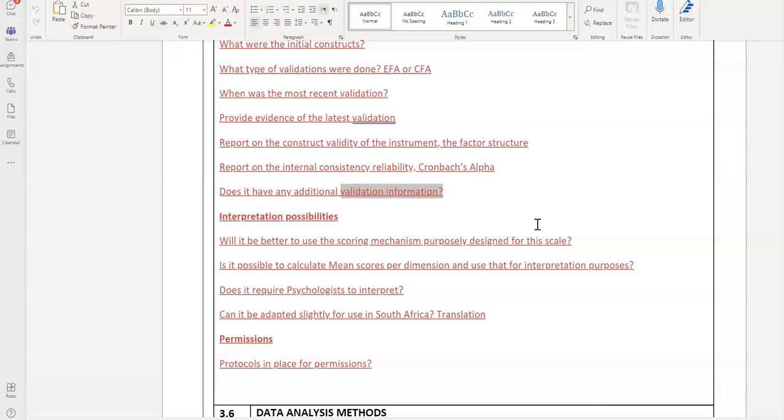Chapter 12 is also about sampling, so it's not entirely correct. And 11. Chapter 11 is actually the chapter where you will get the information regarding how to formulate your questionnaire, how to design it, and what to look out for when it comes to the use of standardized scales.